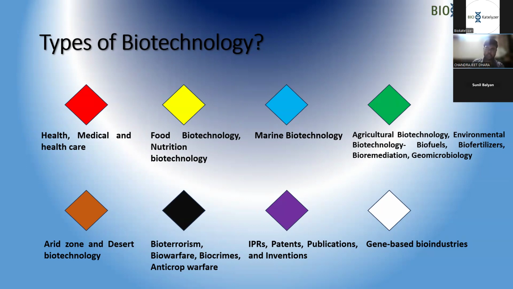Red biotechnology signifies health, medical and healthcare biotechnology. Similarly, yellow biotechnology signifies food biotechnology or nutritional biotechnology. Blue signifies marine biotechnology. Green signifies agricultural biotechnology, environmental biotechnology, biofuels, biofertilizers, bioremediation, and geomicrobiology.